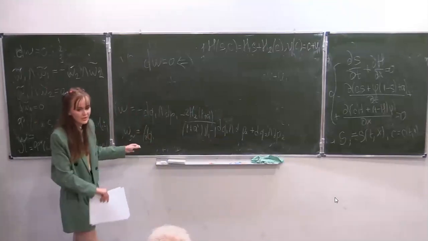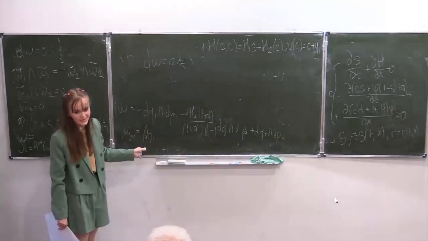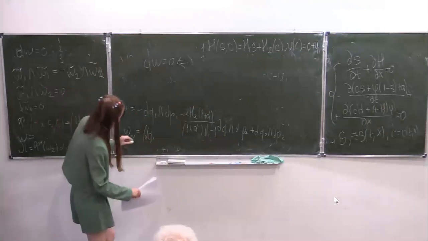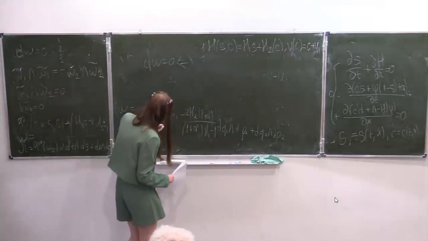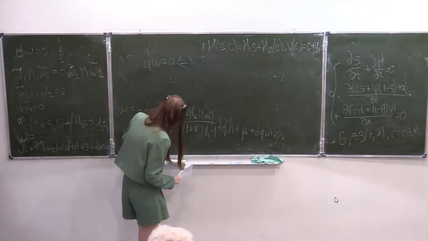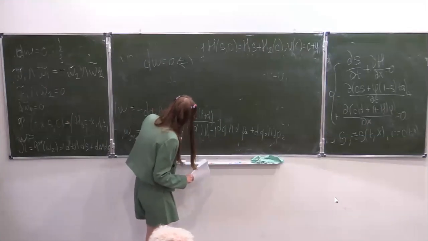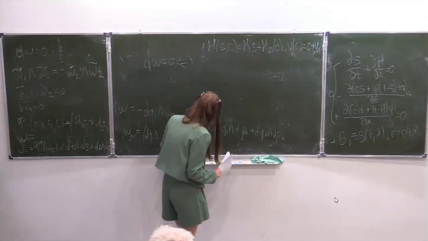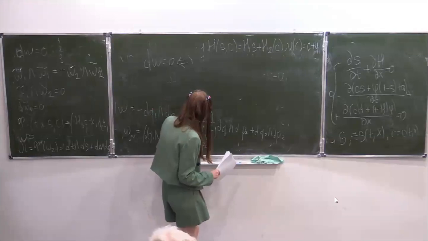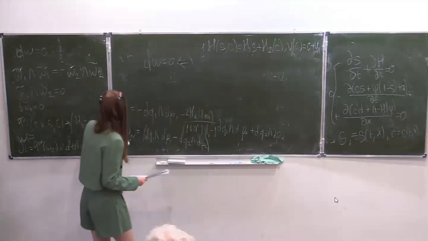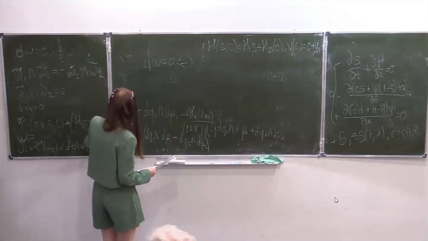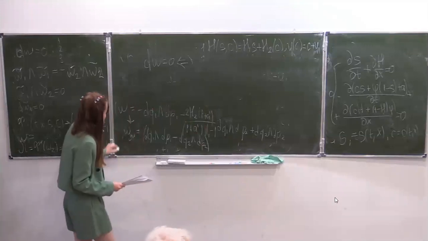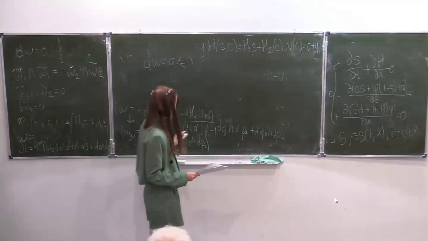Differential two form for the wave equation. We want to get this form.